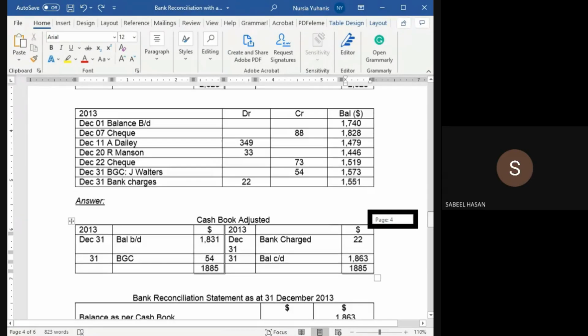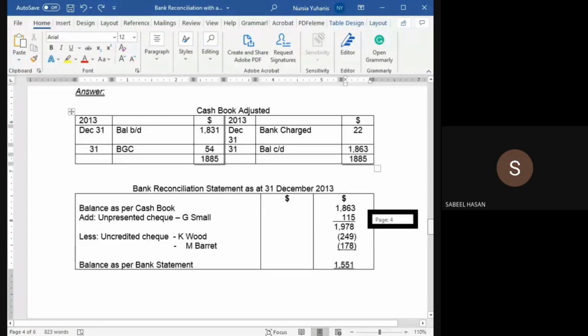When you prepare the bank reconciliation statement using the balance as per cash book, you need to use this figure as per adjusted. This is supposed to be the balance as per adjusted cash book. Is it 1863?